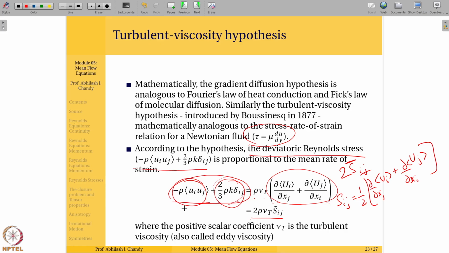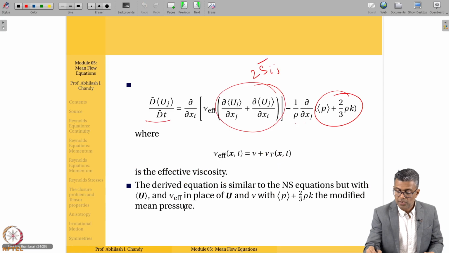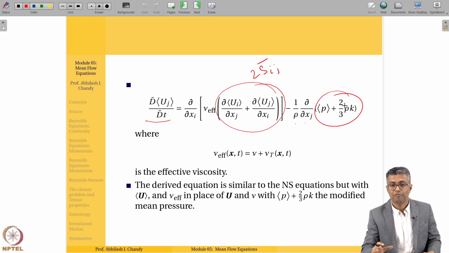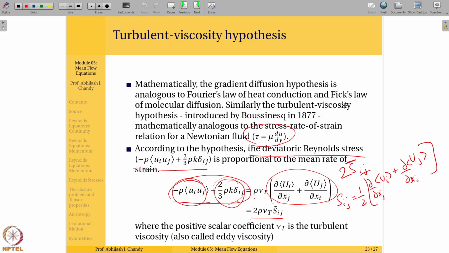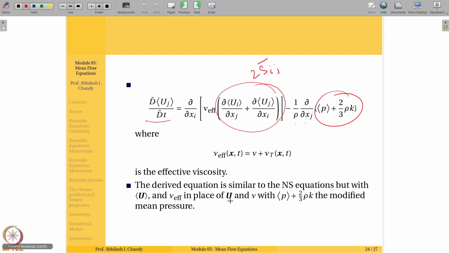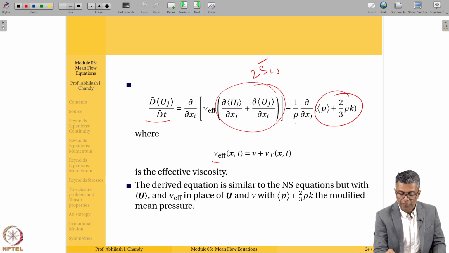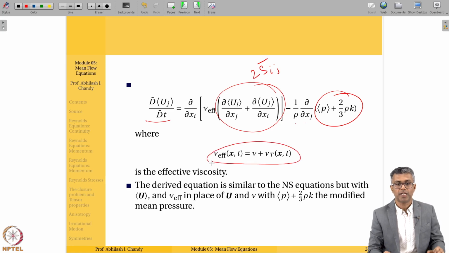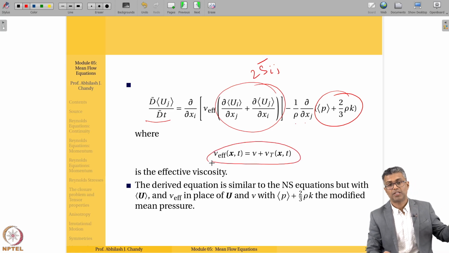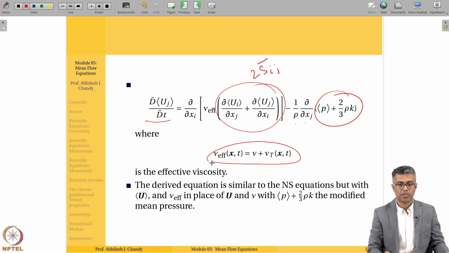So essentially the ui uj is proportional to the mean strain rate. But because there is this 2/3 rho k that I have built into the pressure, I am expressing this part with a 2/3 rho k here. I hope that is clear. And so I have nu effective, which is nu plus nu t. That becomes the effective viscosity, just like you would have it for the diffusivity.